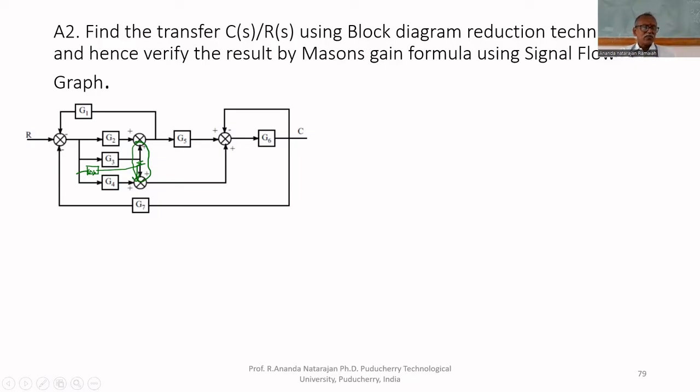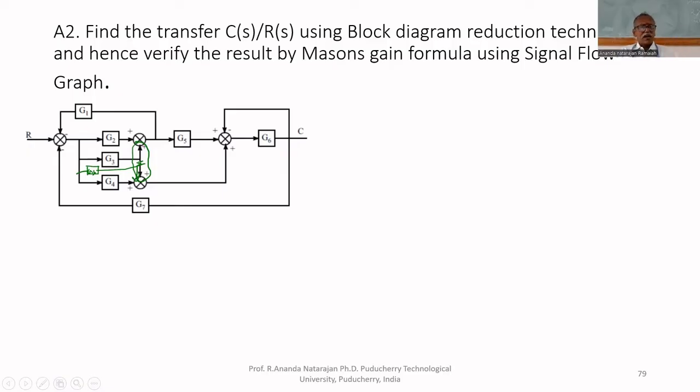Now G2, G3 are parallel, G3, G4 are also parallel. That is the critical part in this sum. G2, G3 are parallel, G3, G4 are parallel, but G2, G3, G4 are not parallel. I understand this point.